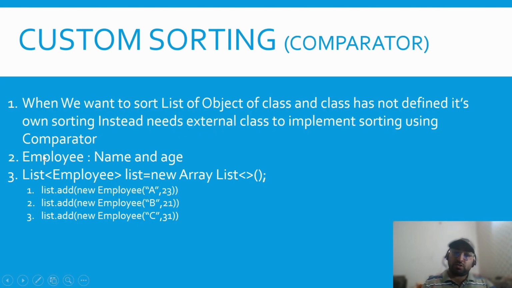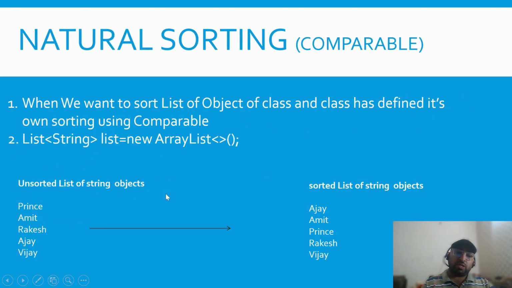Now let us try to understand one use case at a high level. Suppose we have an Employee class having two instance variables, name and age. Let us say we have created a list of employees and added Employee objects. When we want to sort this list, we are not aware on which parameter we need to sort, because in the previous example we had a list of strings, so we were aware we could sort in either ascending or descending order, right?